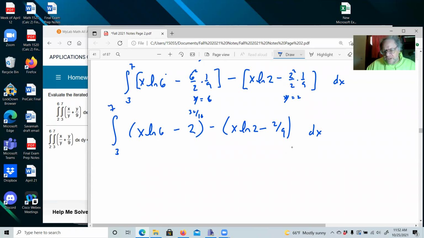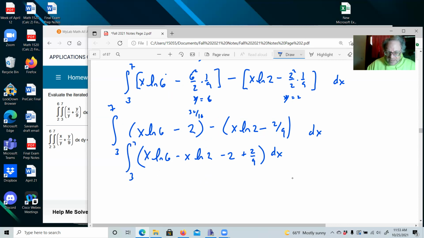Okay, so here's where we're going to pull some magic. We're going to say this is x ln 6 minus x ln 2. Okay, minus 2 minus a minus is plus 2/9. See, I should have left this as 18/9. And all of this is dx integrating 3 to 7.